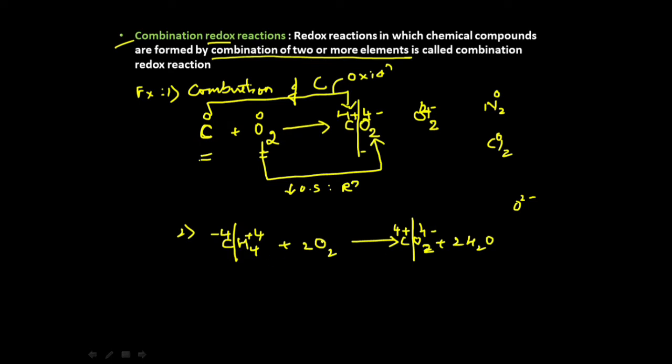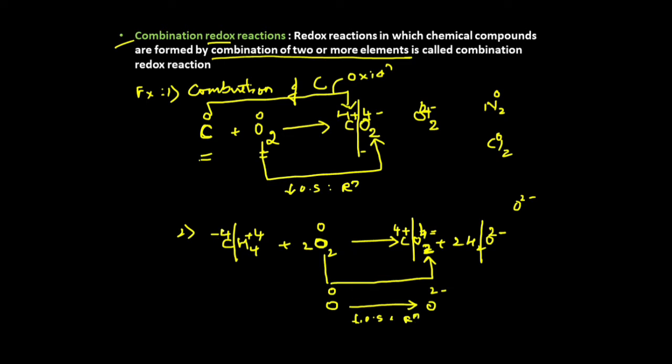Then coming back to oxygen, in its elementary form it will possess 0 oxidation state. In the products oxygen will possess 2 minus charge in water, or 4 minus for two oxygens in carbon dioxide. Anyhow, the oxidation state of oxygen is decreasing: here one oxygen atom shows 0, two oxygen atoms show 4 minus, one oxygen atom shows 2 minus, but it decreases. A decrease in the oxidation state is nothing but reduction.